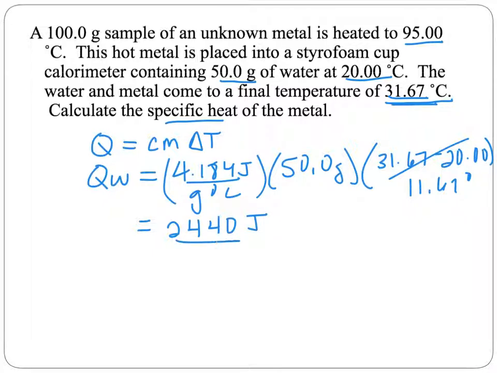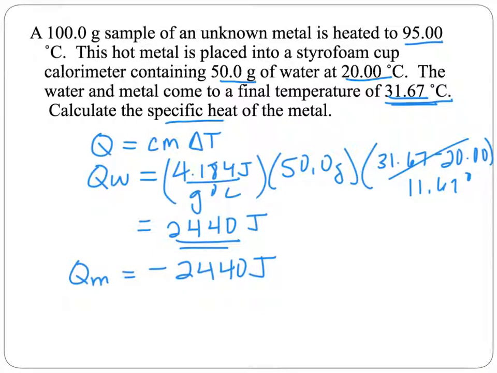We're assuming that this is the same amount of heat that is released by the metal, except that it's in the opposite sign. So we can say that the Q of the metal is going to equal a negative 2,440 joules. Now we have a Q for the metal, we have a mass for the metal, and we have a temperature change, so we can figure out the specific heat.